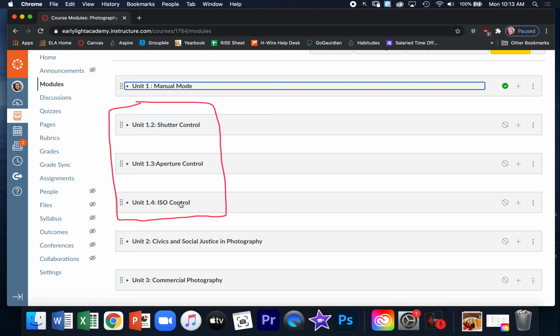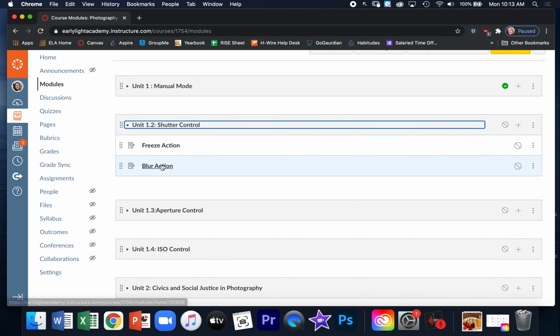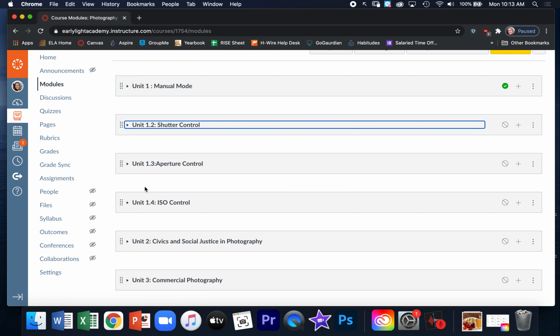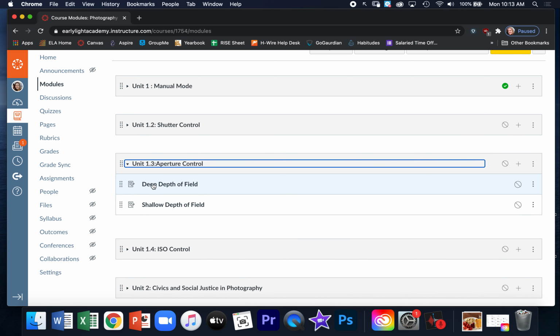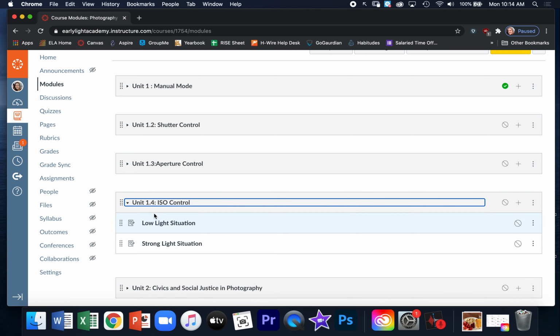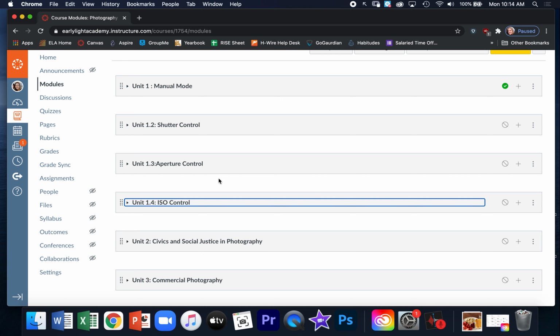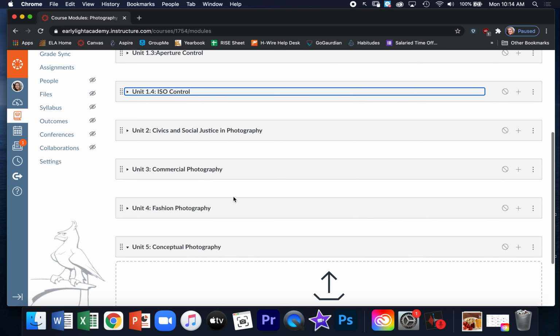So we're going to do 2 small projects practicing shutter speed controls. Then 2 small projects focusing on aperture control. And then the last one is going to be 2 small projects about how to use ISO correctly.